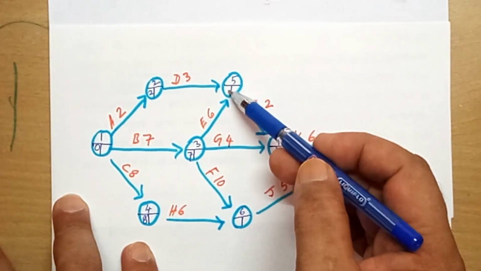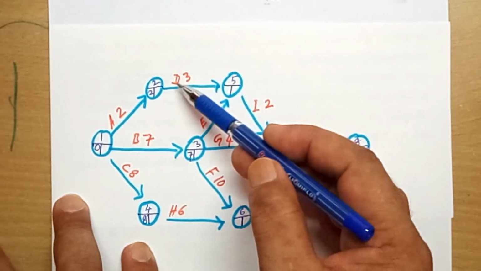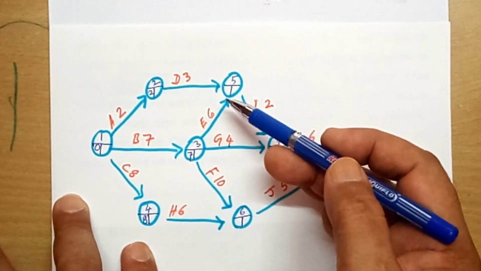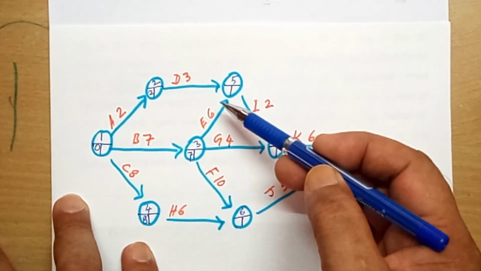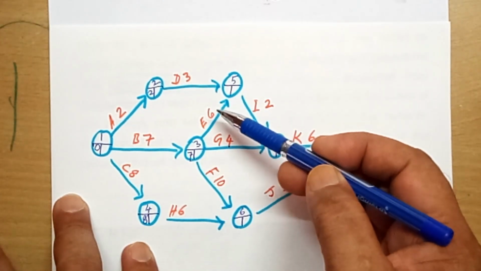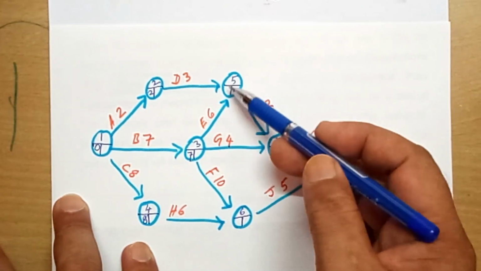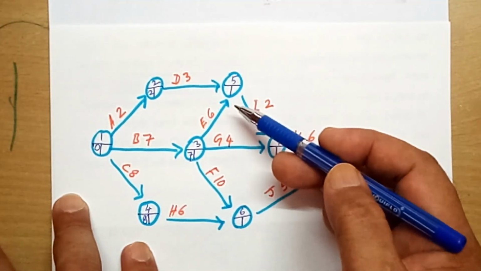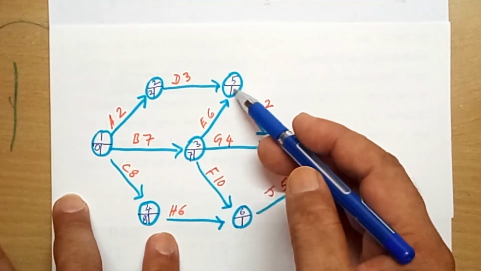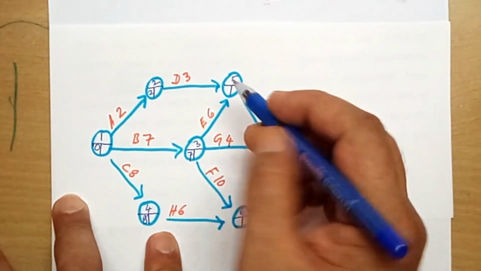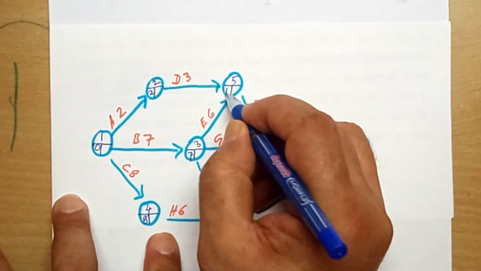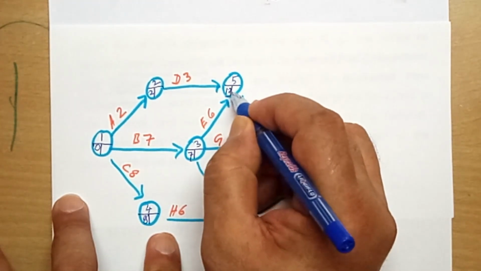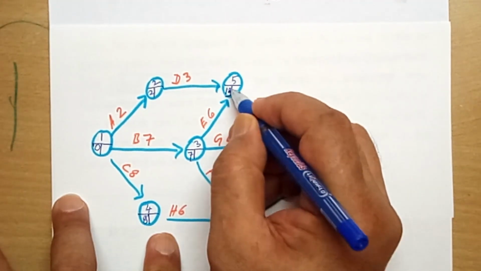You have earliest starts for this node is 13 as well as 5. So you will take the highest one. Which is the highest one? 13. So put 13 here.